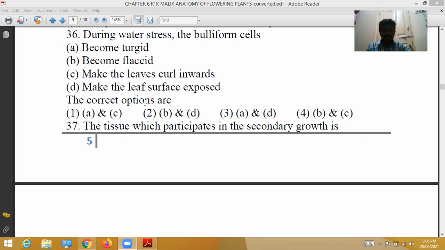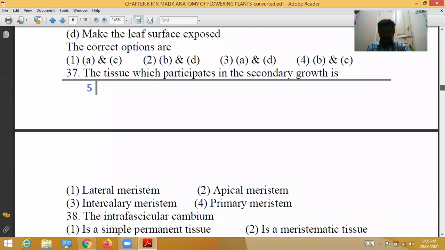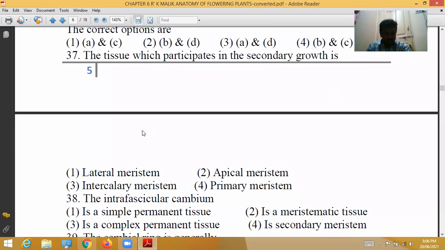Next, 37th question. The tissue which participates in secondary growth: lateral meristem, apical meristem, intercalary meristem, or primary meristem.